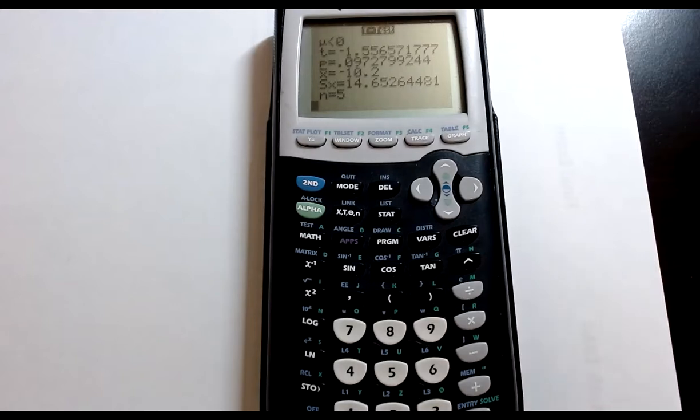So we conclude that there is not sufficient evidence to support the claim. Okay, so mu sub d is less than 0, which means that there is not sufficient evidence to support the claim because we failed to reject the null hypothesis.